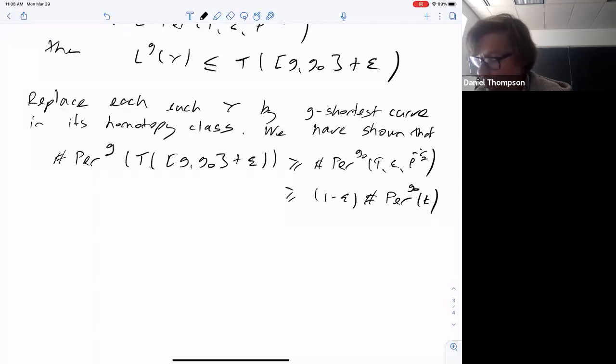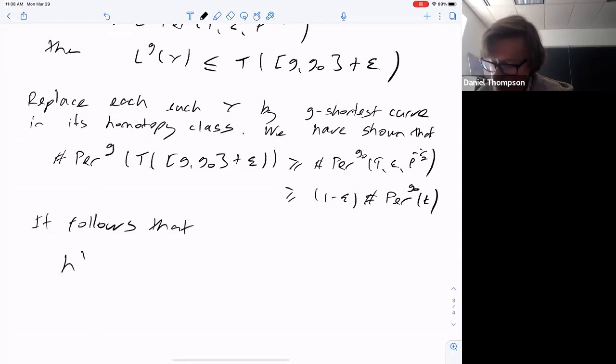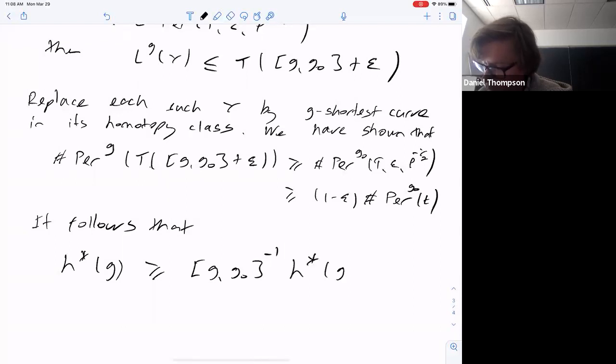Take a logarithm and normalize. It follows that H star G, right, take a log, divide by this number, take a limit, is greater than or equal to the G0 minus 1 times H star G0.